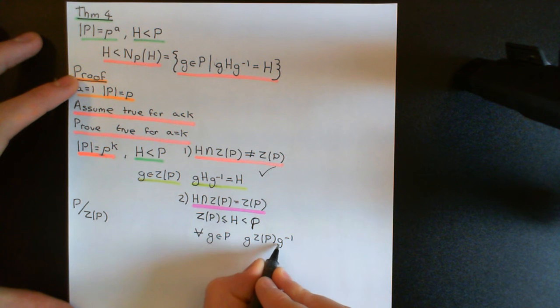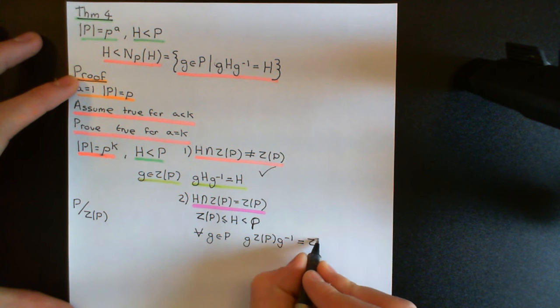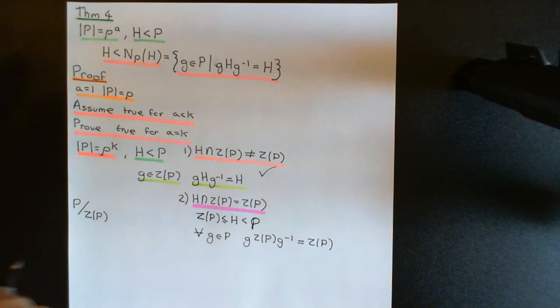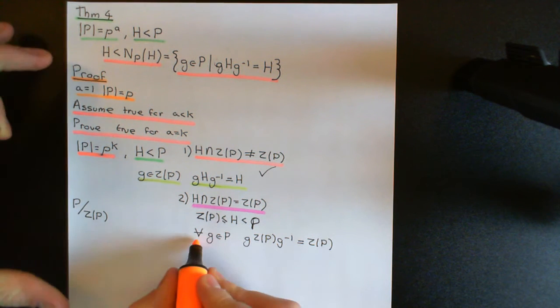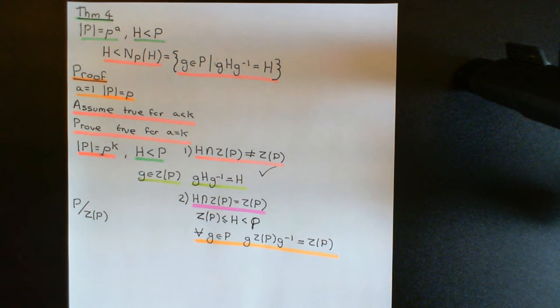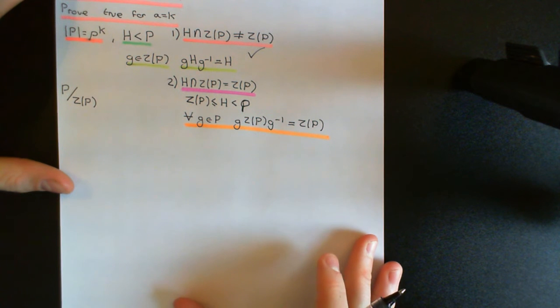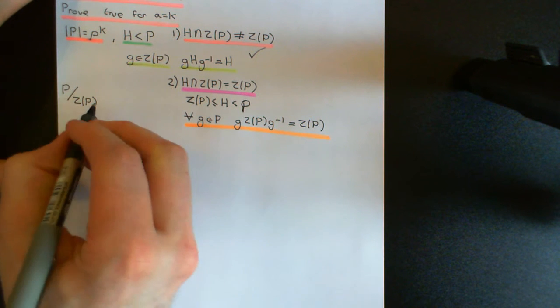The little g can cancel with the little g inverse and it will just map it onto itself. So indeed every element will be fixed and therefore you will get the entire subgroup back again. Okay, so the centre of the group will always be a normal subgroup of capital P. Okay, so we can indeed quotient the group capital P out by its centre.